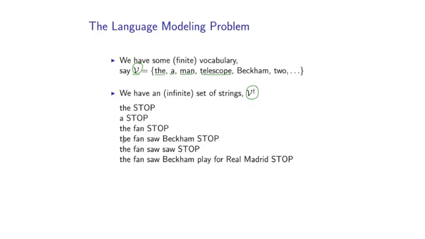It has 0 or more words, where each word is drawn from the set V, followed by a special symbol, the stop symbol. Okay? So the use of this stop symbol at the end of each sentence is initially going to look a little peculiar, but we'll see soon why it's very convenient to include this symbol when we start to develop a probabilistic model for the language modeling problem.